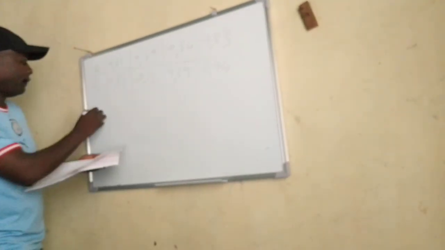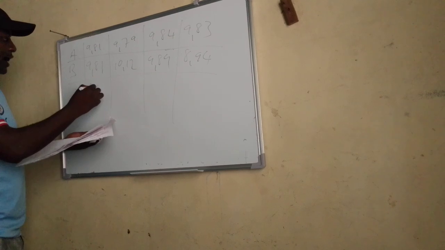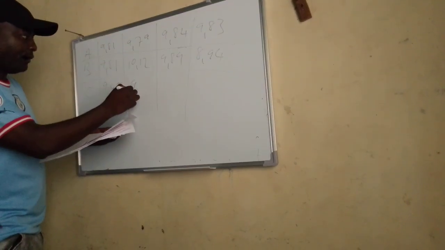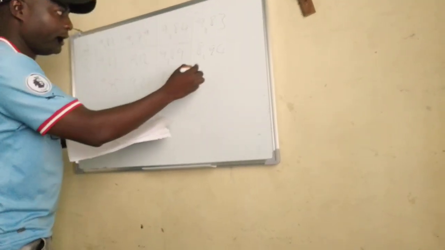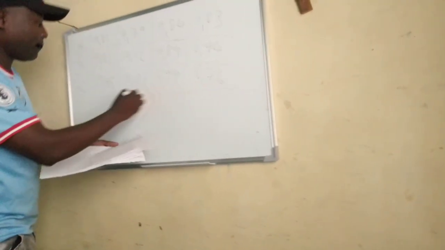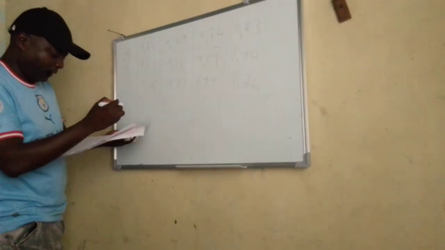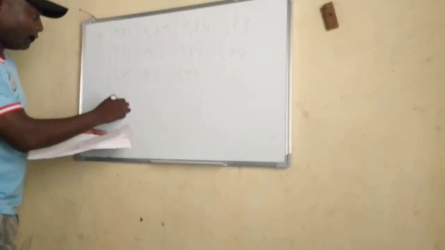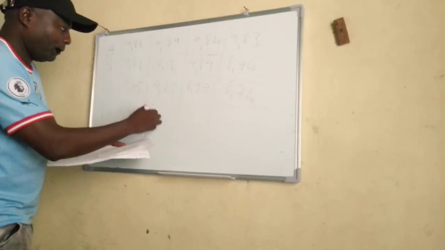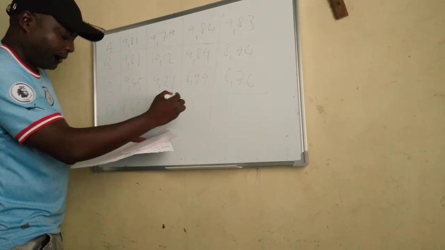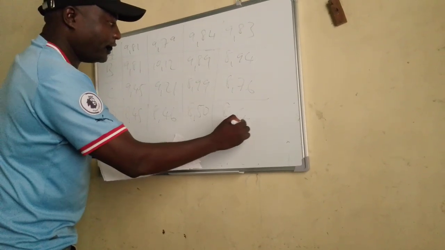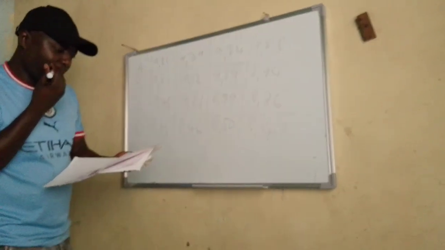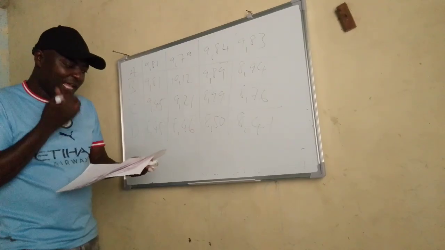Student C got the following readings: 9.45, 9.21, 8.99, 8.76. Then finally student D got 8.45, 8.46, 8.50, 8.41.